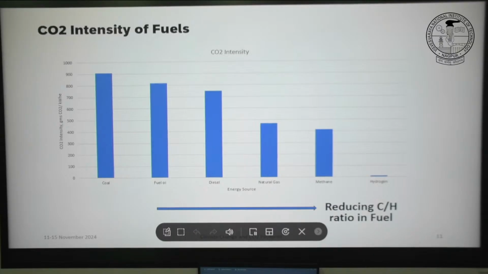What it means is, as you go from coal to no carbon, hydrogen here, the C to H ratio, as you reduce the C to H ratio in your fuel, you will reduce your CO2 intensity. That's what I wanted to show here. So fuel oil, diesel, molecular weight we're talking about maybe 70, 80, so even higher.